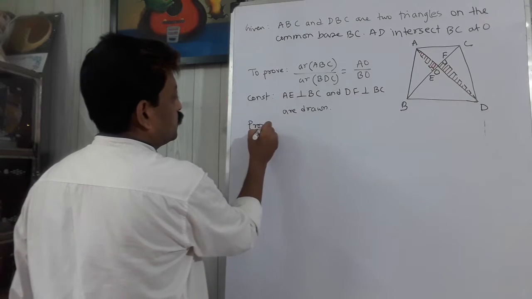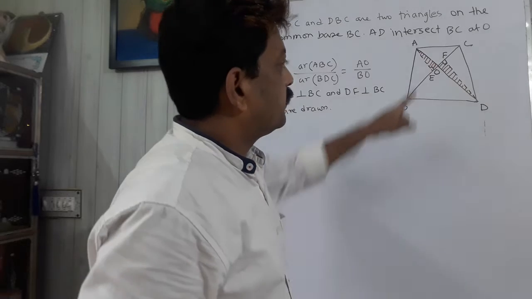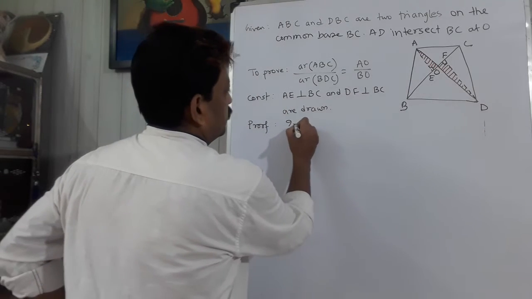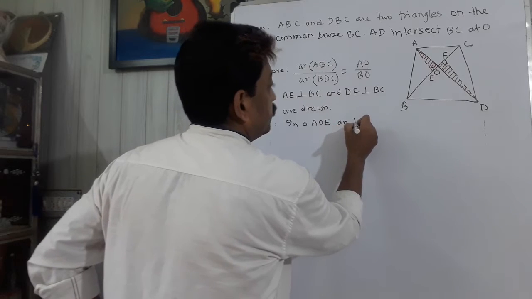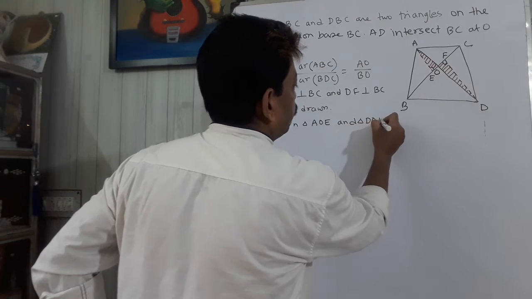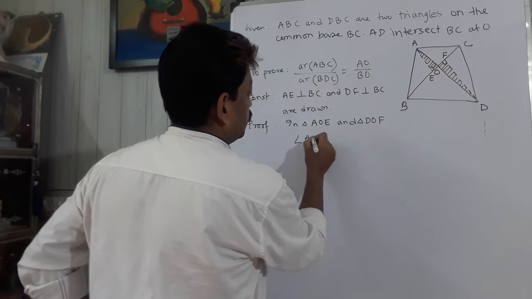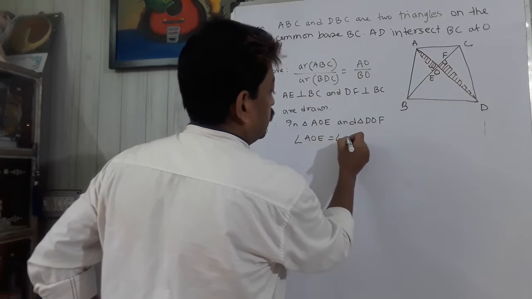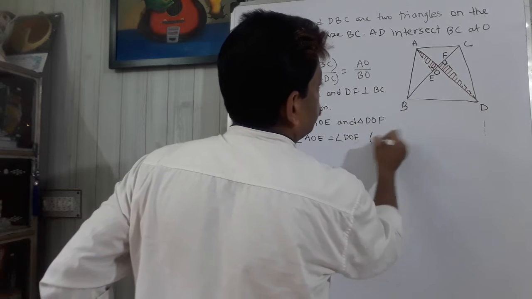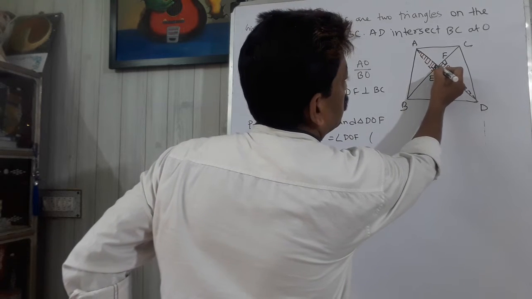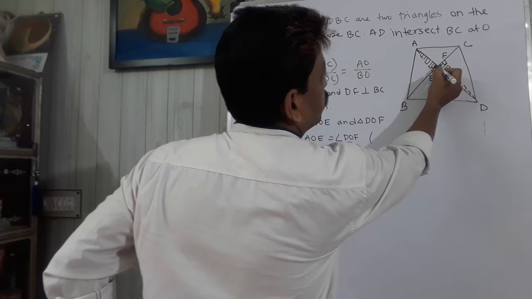Proof. First of all, let me show that these two triangles are similar. In triangle AOE and triangle DOF, we get angle AOE is equal to angle DOF. They are vertically opposite angles, as you can see from the figure.